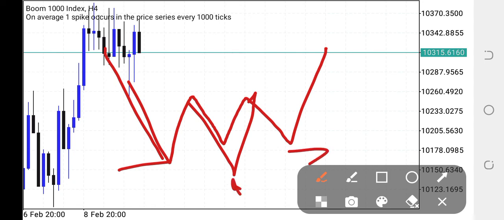It's the same thing we talked about with the double bottom pattern or triple bottom pattern. So how does this concept work?